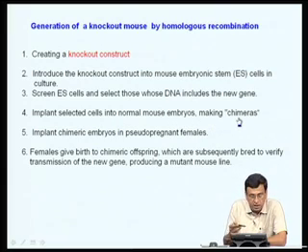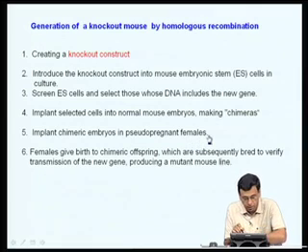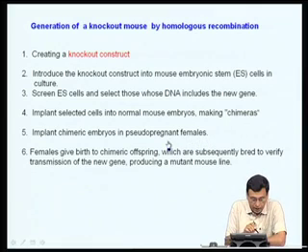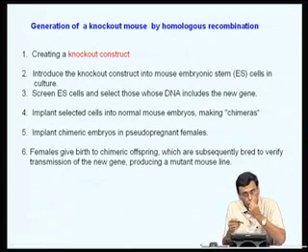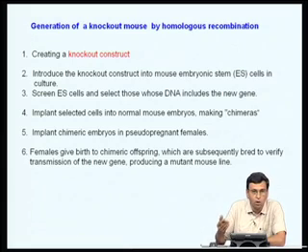Implant the chimeric embryos into pseudopregnant females, and once the females give birth to chimeric mice, you then breed them to generate a pure line or a homozygous knockout mouse strain.